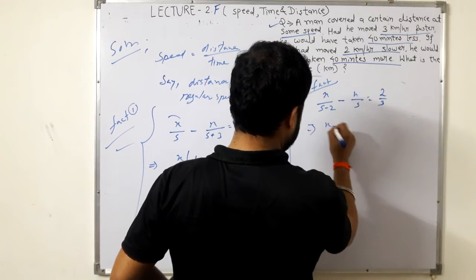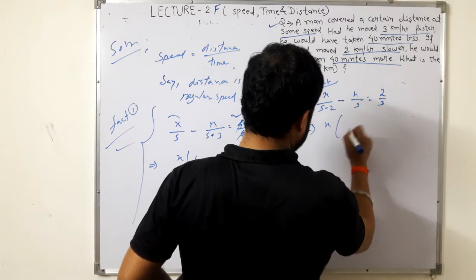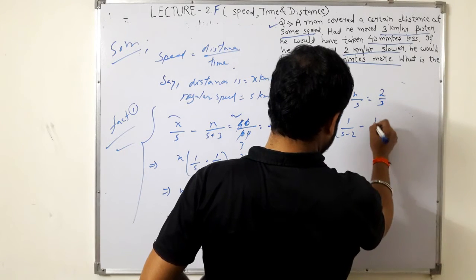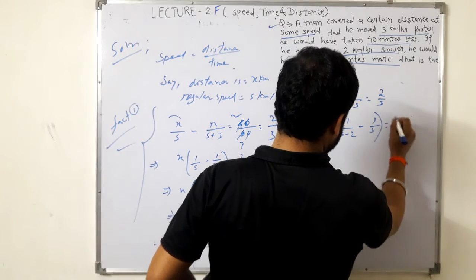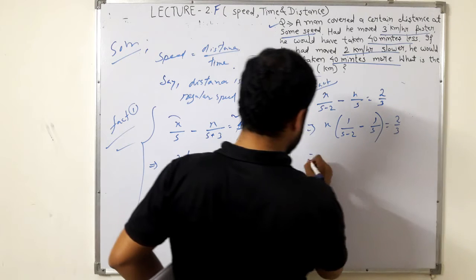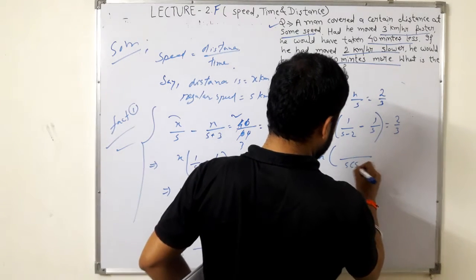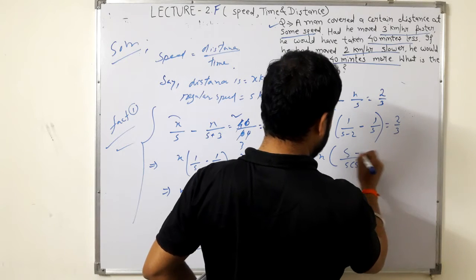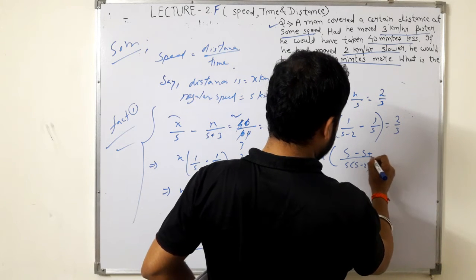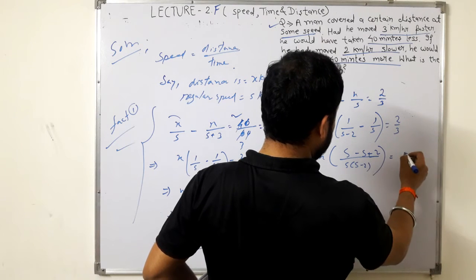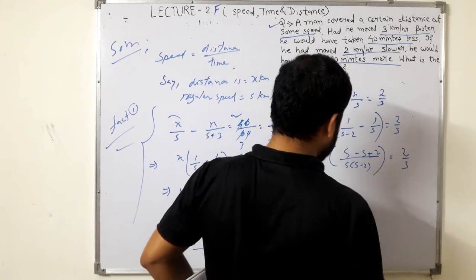So now x again common. In this case we have 1 by s minus 2 minus 1 by s is equal to 2 by 3. So x into s minus s plus 2 over s into s minus 2 is equal to 2 by 3.